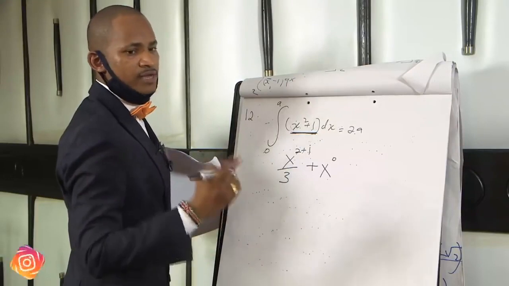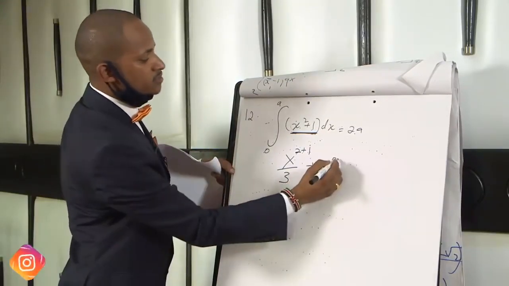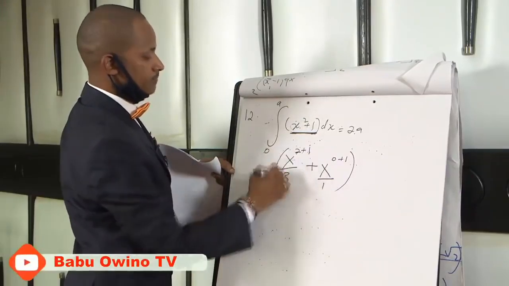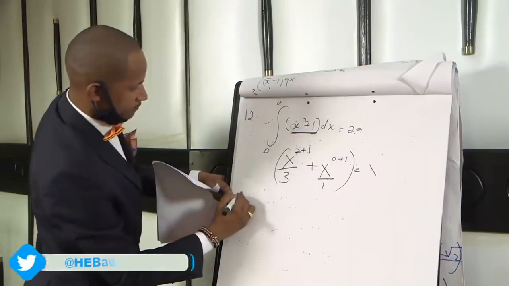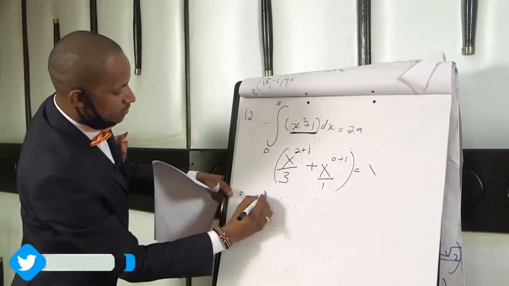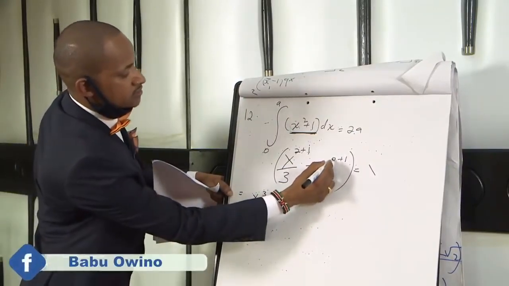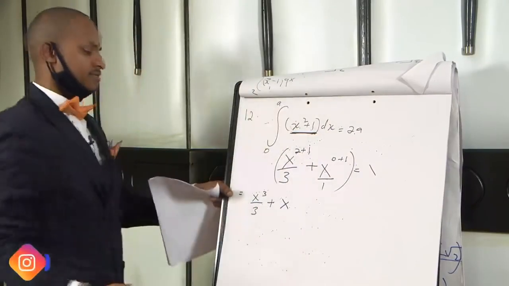I told you any number raised to power 0 is 1, any letter raised to power 0 is 1. So x raised to power 0 plus 1 divided by 1. What do we get here? This is x cubed divided by 3 plus x raised to power 1. 0 plus 1 is 1. x raised to power 1 is just x.